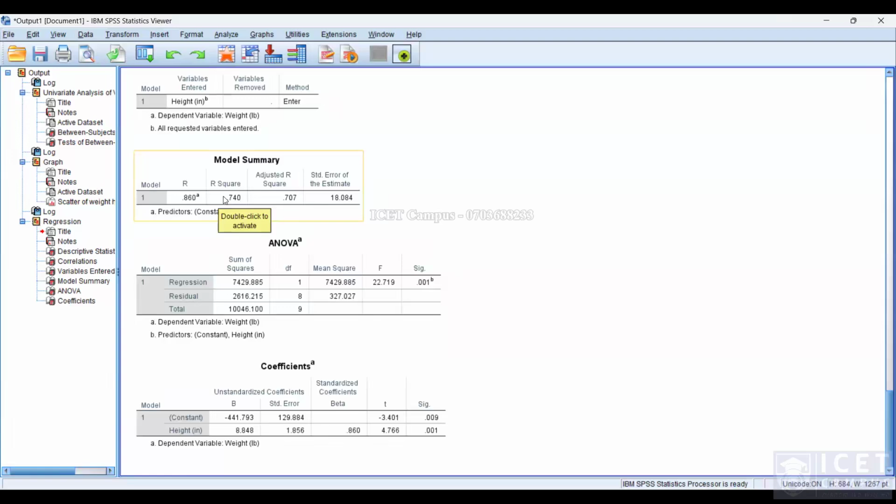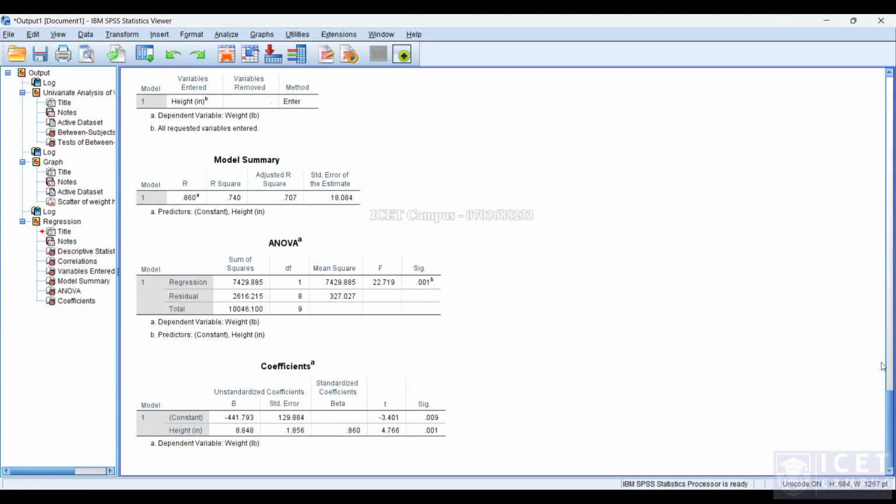Here it is closer to 0.8. Therefore we can use this model to predict the dependent variable. So it means the dependent variable is predicted by the independent variable 74%. When it comes to the ANOVA table, you can see that it is significant, right? Because regression and residual, those things are given.